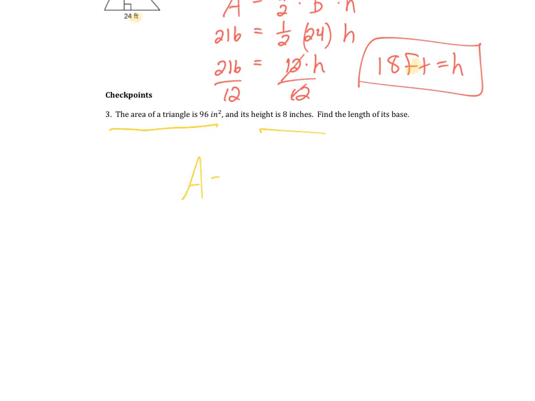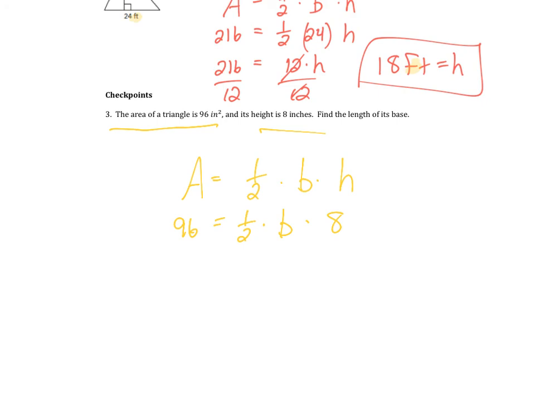So the area is 1/2 times base times height. Just so you know, if this were a different shape, like let's say a rectangle, you would put down area equals length times width. But this one tells us it's a triangle. So you plug in the area. We don't know the base, but we do know the height is 8. There's a couple ways you could do this.